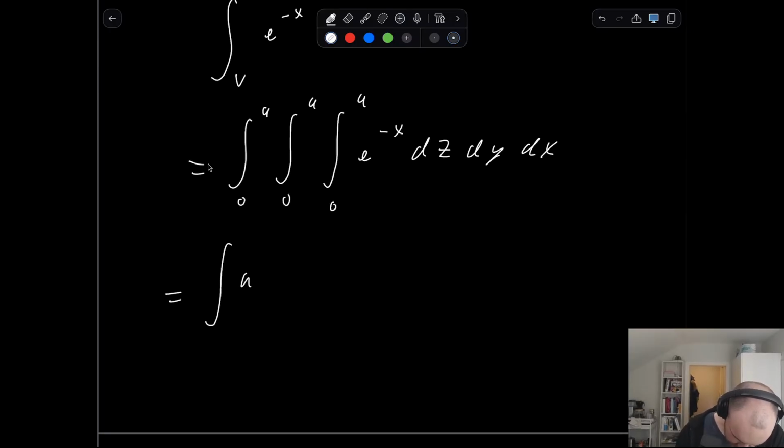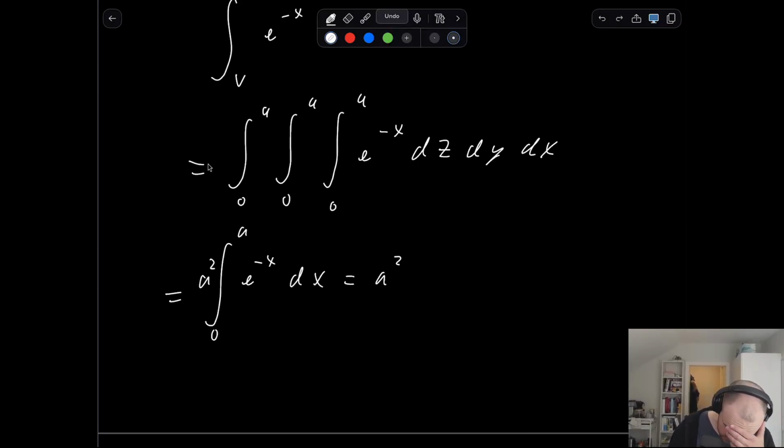That's just a, that can go outside, that's just a squared, integral from 0 to a of e to the minus x dx. That's of course just a squared times e to the minus x, so this will get a minus.